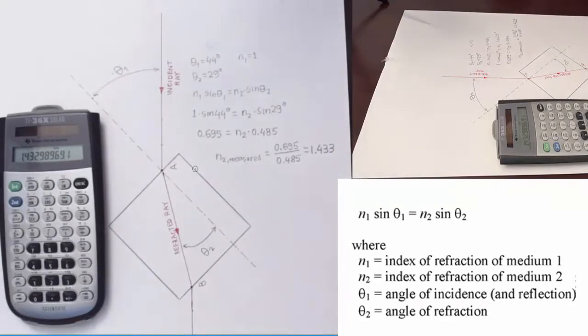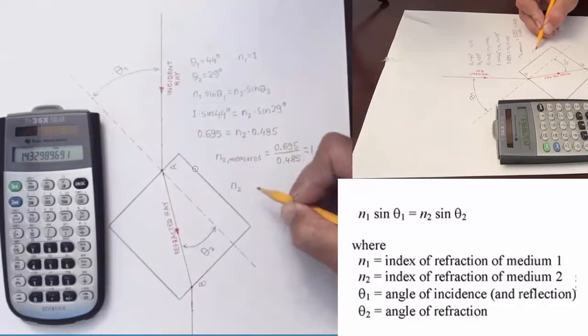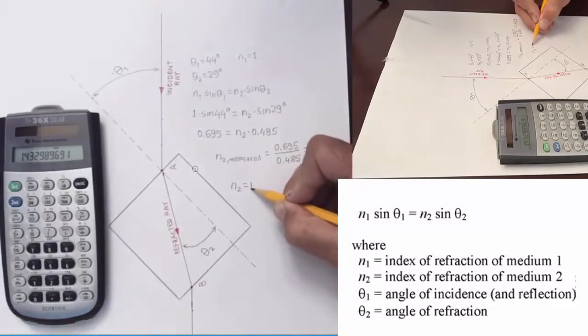Now we also know the nominal value of the index of refraction of the acrylic. The nominal value of n2 is equal to 1.41.